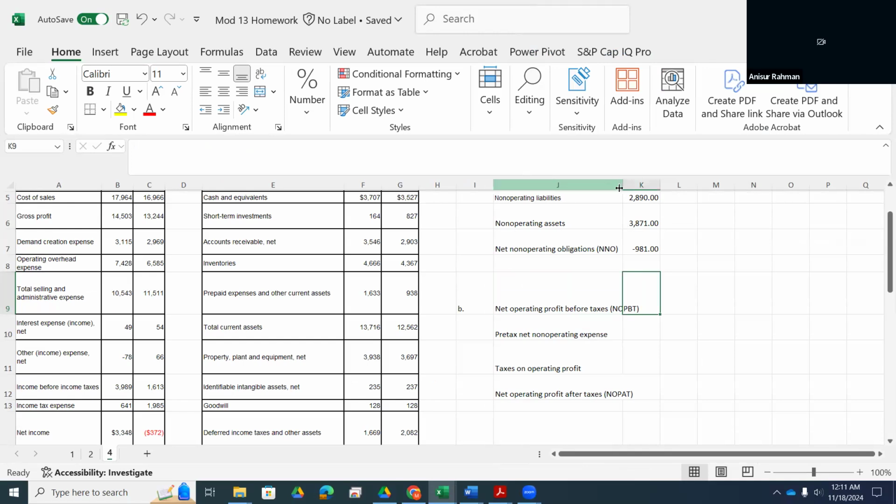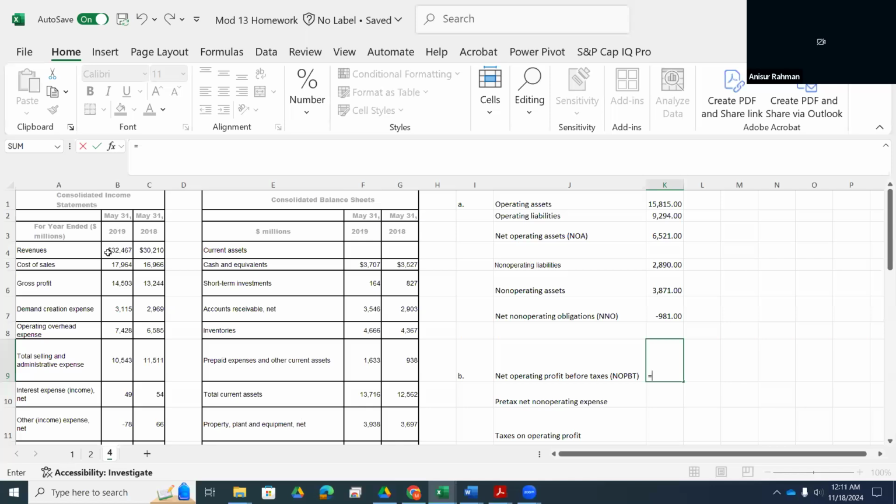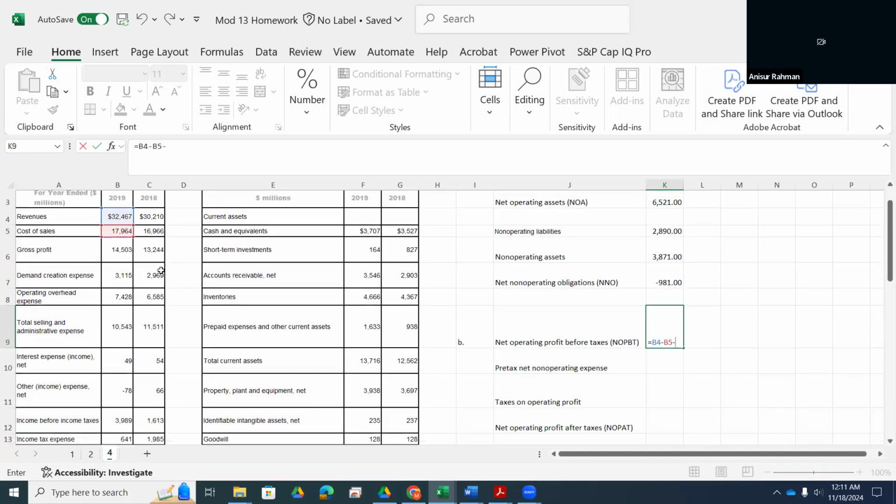The net operating profit before tax is equal to our sales minus cost of sales minus our operating expenses, which are these. These two have been added here, so I can just subtract this. So that's our net operating profit before taxes.